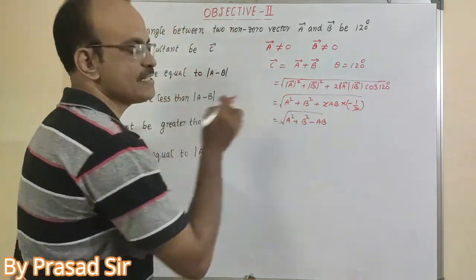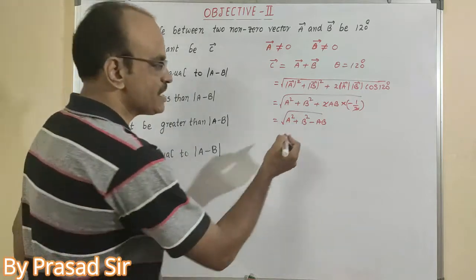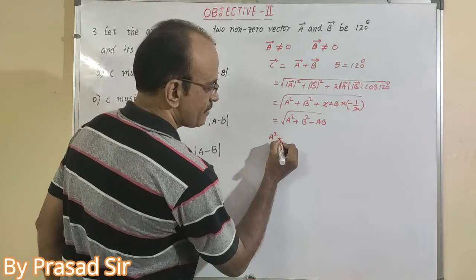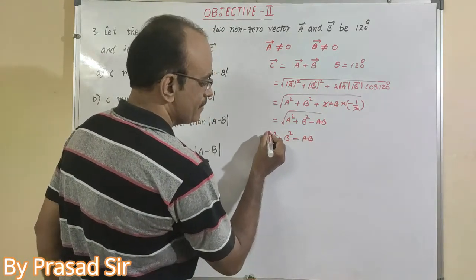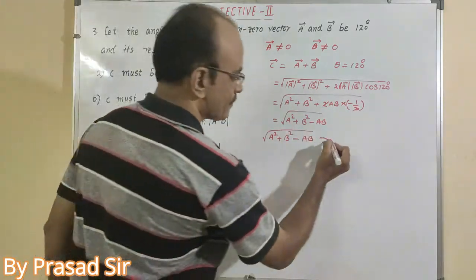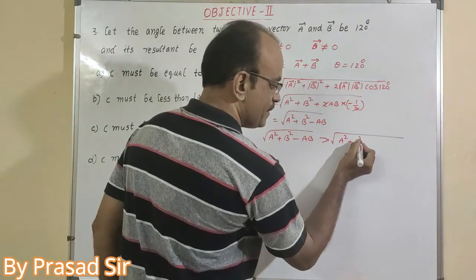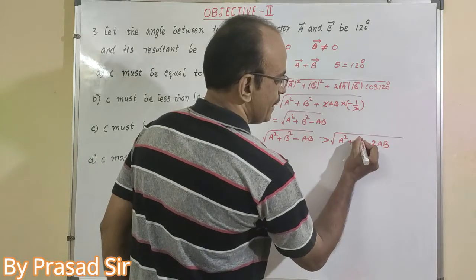This is the C vector. But here, what is given? All are A minus B. So that's why remember, square root of A square plus B square minus AB is greater than square root of A square plus B square minus 2AB.